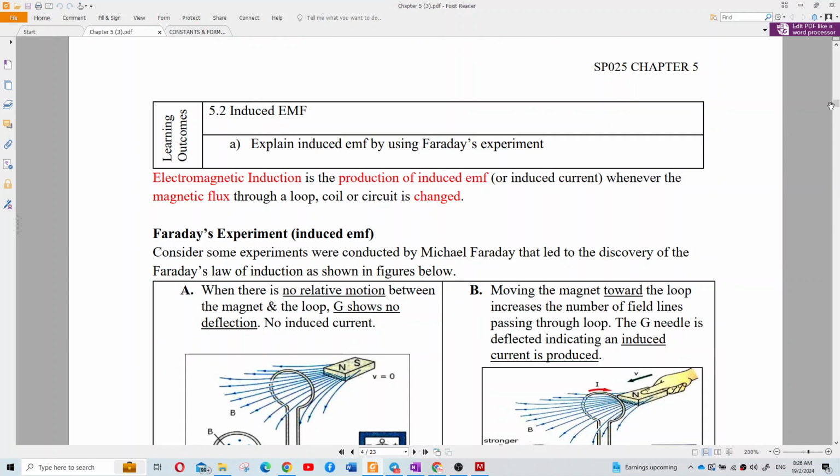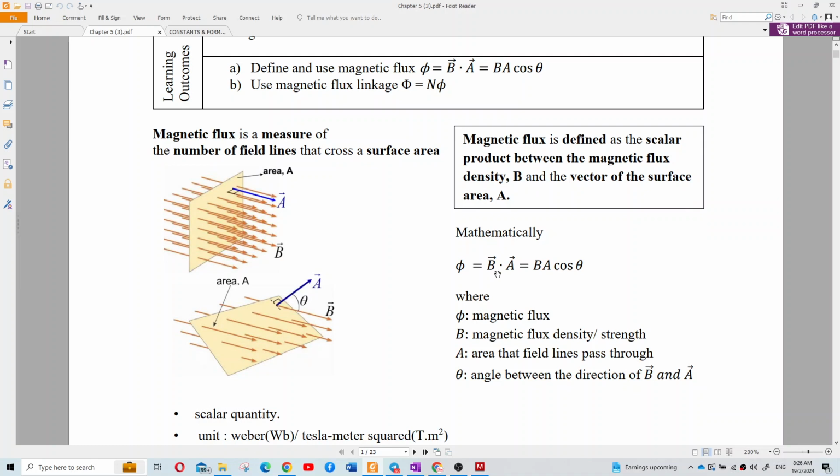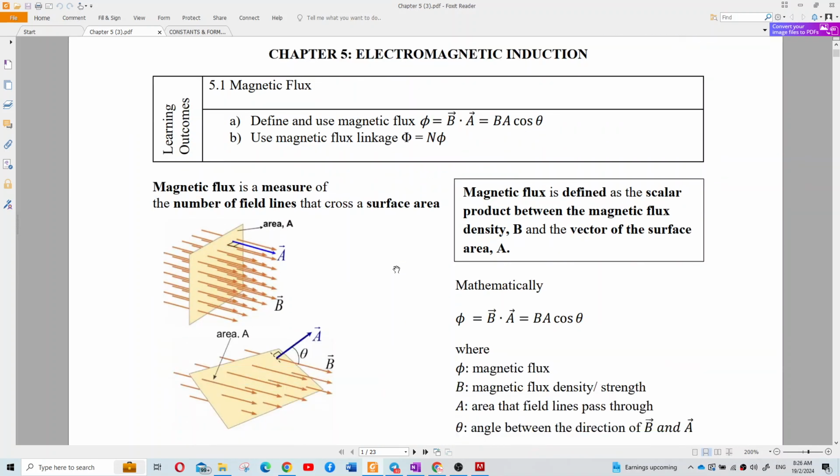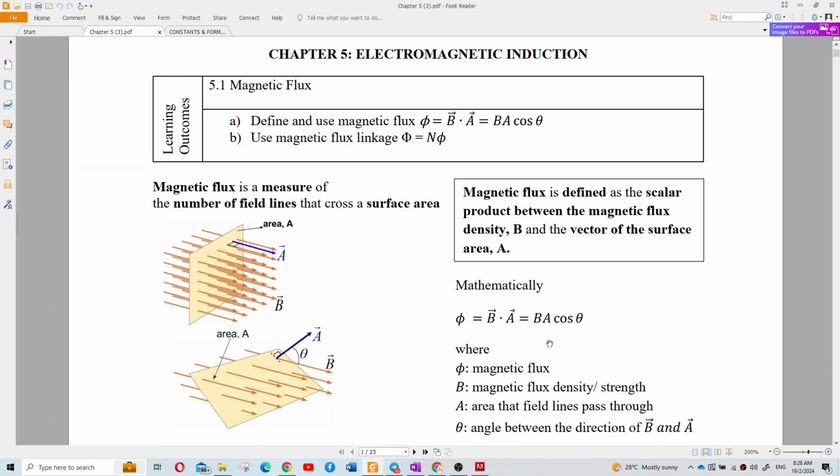So today we will look into details, especially the equations, how we're going to use the equations and solve some problems. That day I just described it qualitatively. Today I will explain quantitatively.